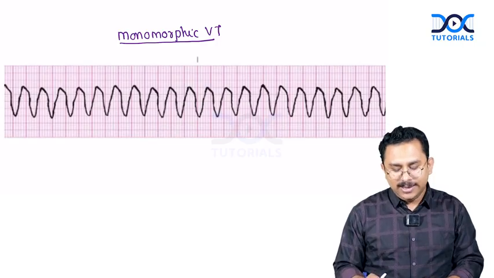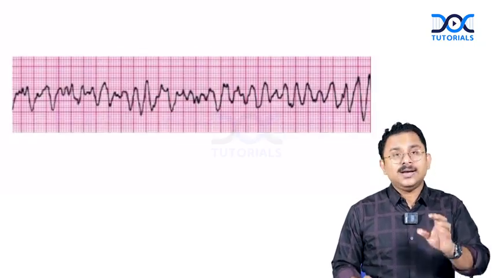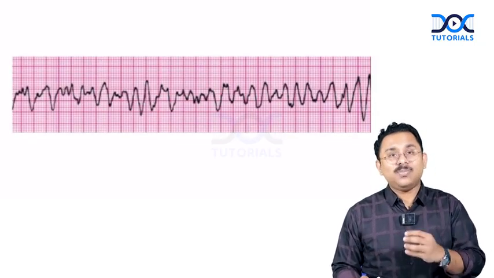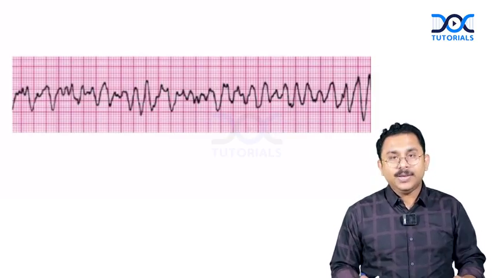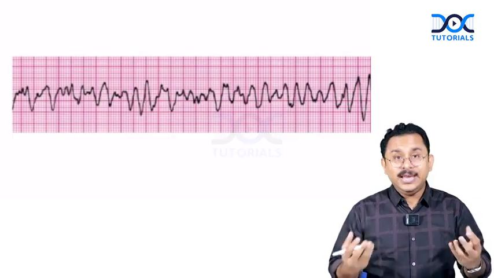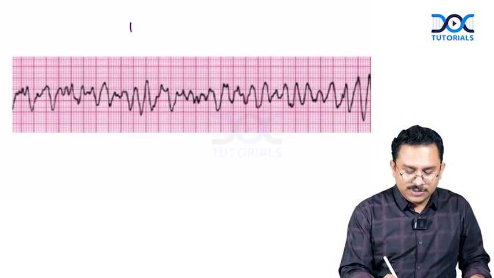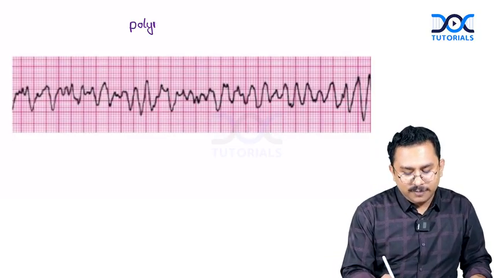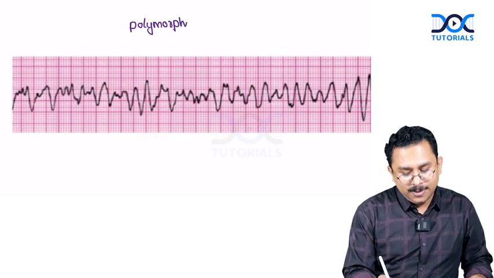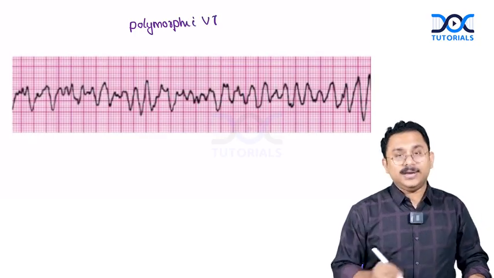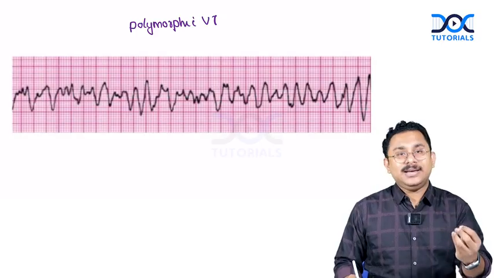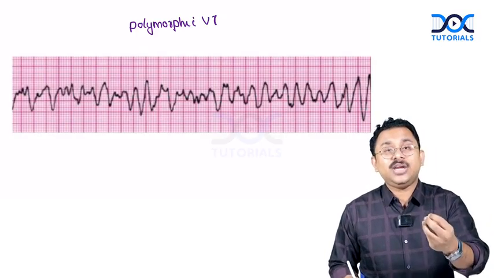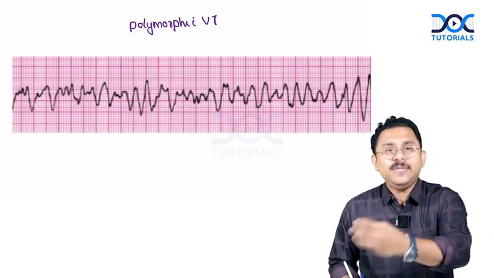Whereas the next one again is a broad complex tachyarrhythmia, which is irregular. And when you look at the QRS morphology, you can see it is a varying QRS morphology. So this will be a polymorphic ventricular tachycardia. And remember, the problem with ventricular tachycardias is that they can degenerate into ventricular fibrillation.